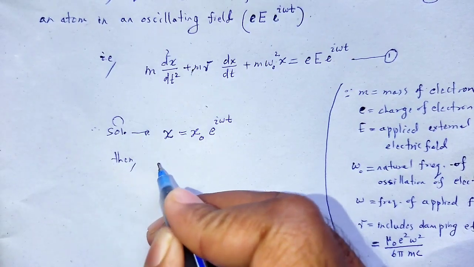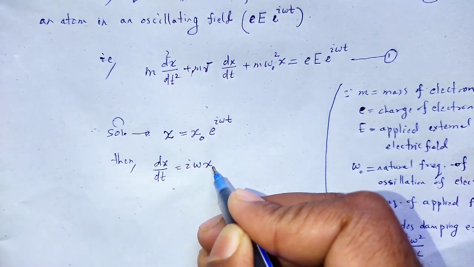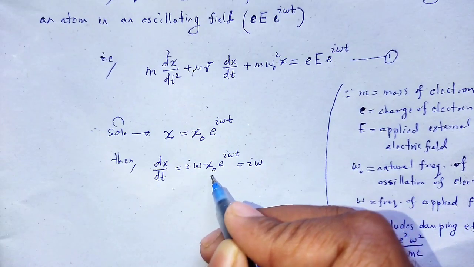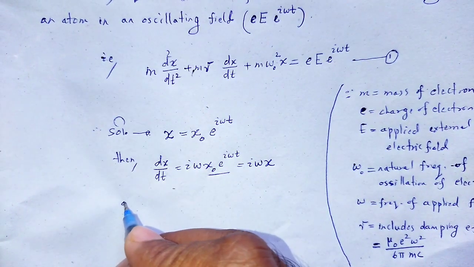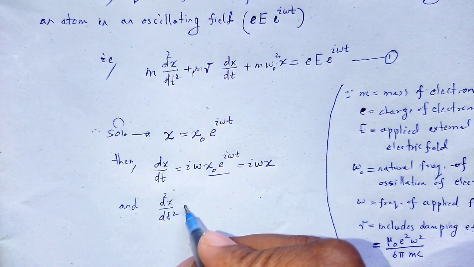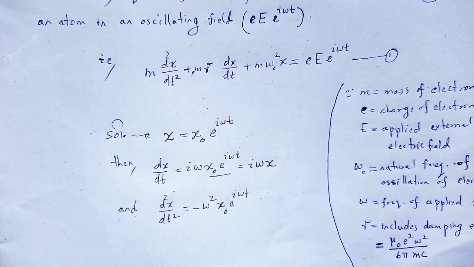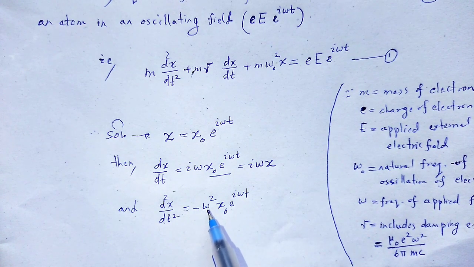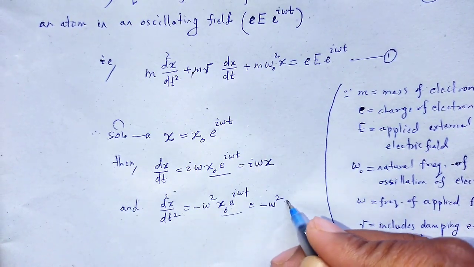Then obviously its first order differentiation dx/dt is equal to i omega x naught e to the power i omega t, which is i omega x. Its second order differentiation d²x/dt² is minus omega squared x naught e to the power i omega t, since i squared is minus 1, which is minus omega squared x.